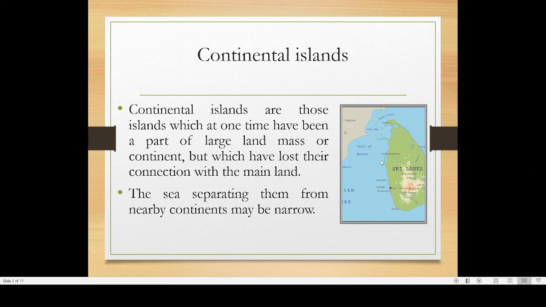Here one important feature of a continental island is that they will be very near to a continent. Most of the time they will be situated some 200 or 300 kilometers away from the nearby continent. Now the next one is the sea separating them. Here you can see this is the sea separating the Indian subcontinent and Sri Lanka. The depth of this sea will be very shallow as well as narrow.